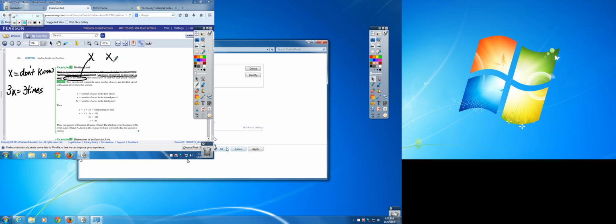The 3. And it says 3 times as large as each of the other 2. When you see each of the other 2 or the other side or each of the other or something like that, that is x. That's going to be x. Or x or y or q or s or t, whatever you want to use.